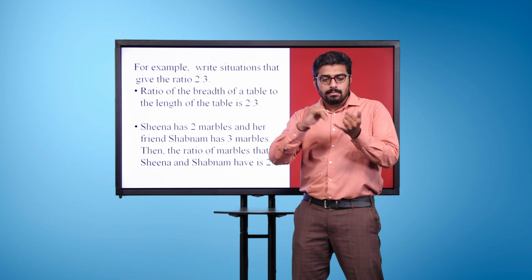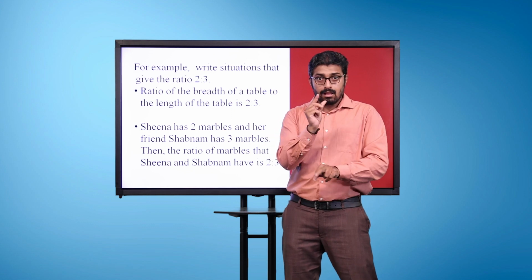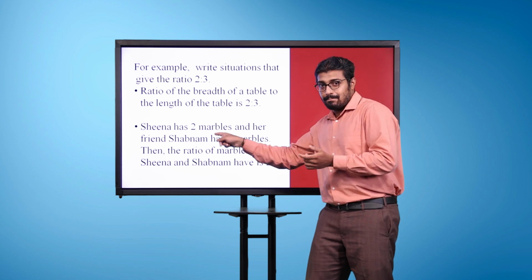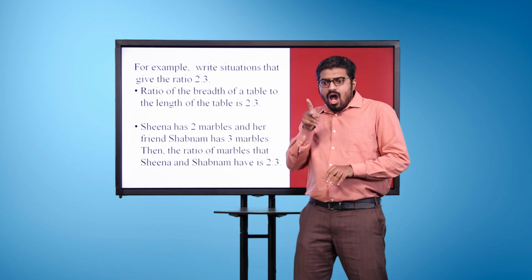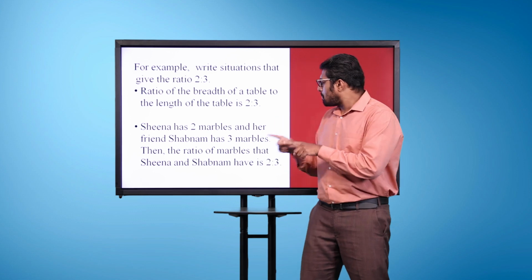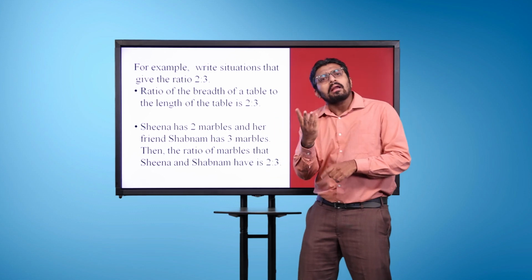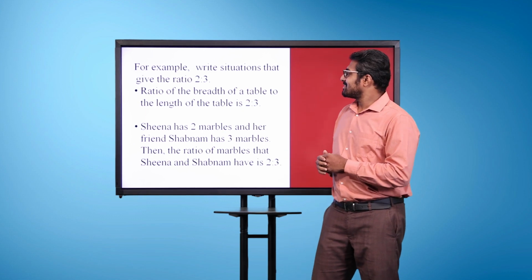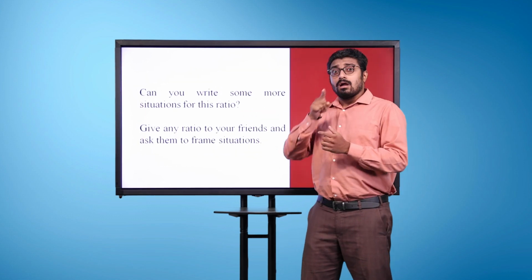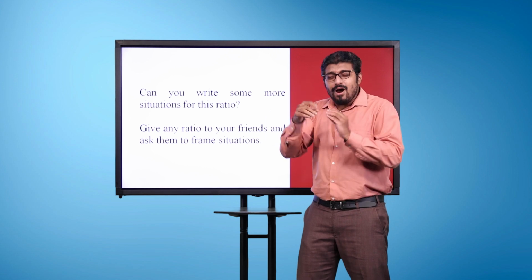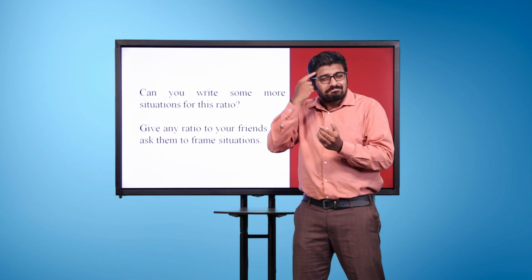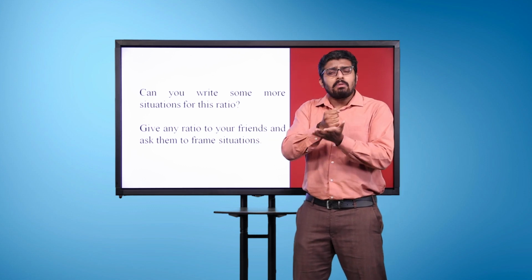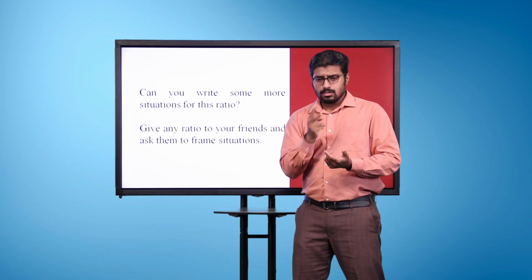Sheena has 2 marbles and her friend Shabnam has 3 marbles. Then the ratio of marbles that Sheena and Shabnam have is 2:3. Can you write some more situations for this ratio? Give any ratio to your friends and ask them to frame situations.